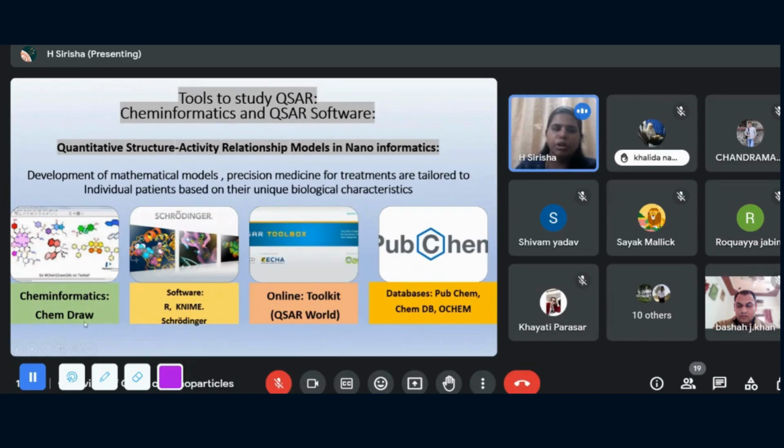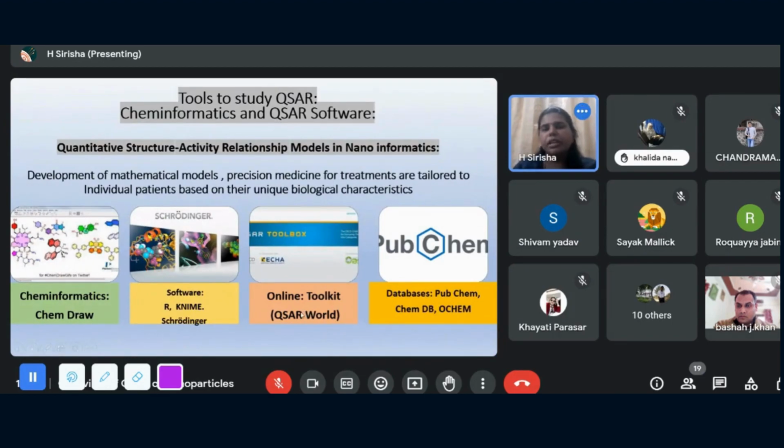We can use ChemDraw. In ChemDraw, we can draw structures of different chemical molecules and find out what interactions they have. The hydrophobic, hydrophilic, the steric interaction, the bonding can be studied using cheminformatics. There are different software such as Schrodinger, R, and KNIME. R is used for the machine learning approach, and this is used for modeling the ligand and receptor binding area.